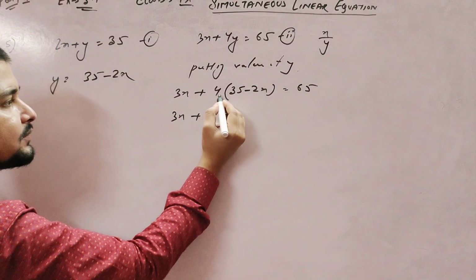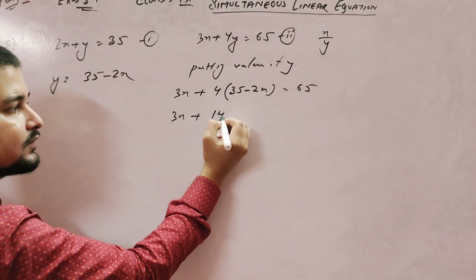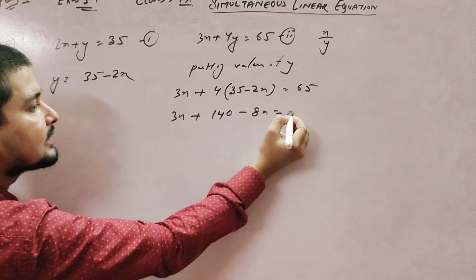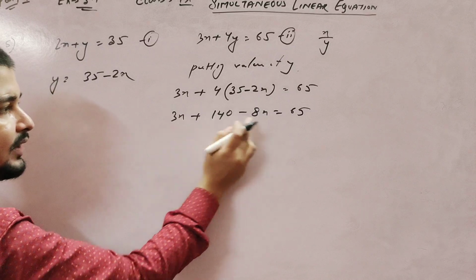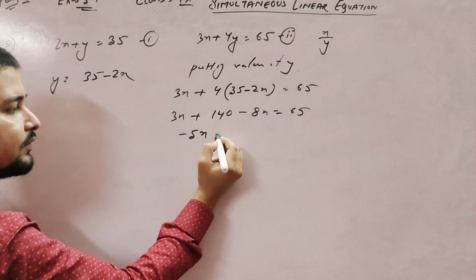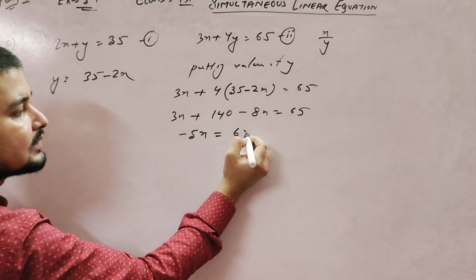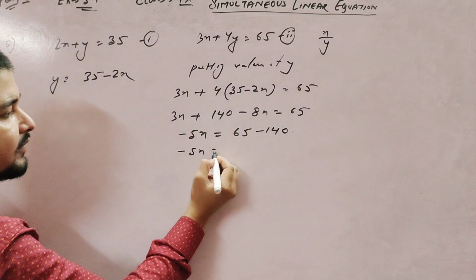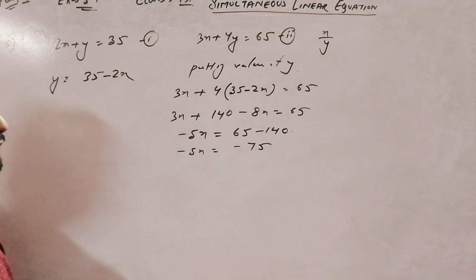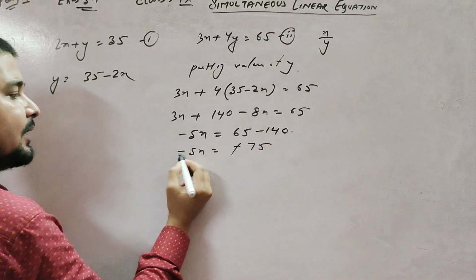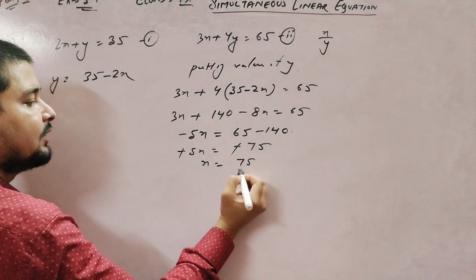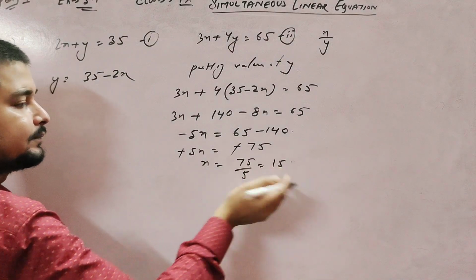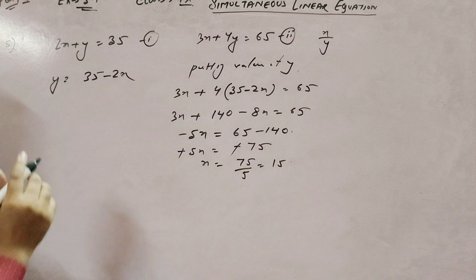So 3x plus 4 into 35, that is 140, minus 8x equals 65. So 3x minus 8x, that is minus 5x. 65, this 140 goes this side, that is minus 140. So minus 5x, it's minus 75. Plus 65 minus 140, minus 75. This minus minus cancels, x equals 75 by 5, that is 15. We get the value of x is 15.